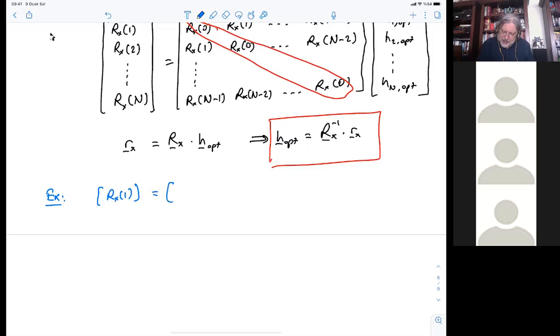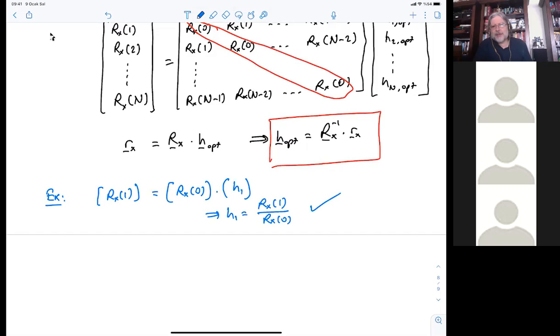And the right-hand side is a matrix with only one coefficient, which is a scalar, times a vector with only one coefficient, which is h1. So h1 is quite simply equal to Rx1 over Rx0, which was the solution that we have already found. So it obeys the results.